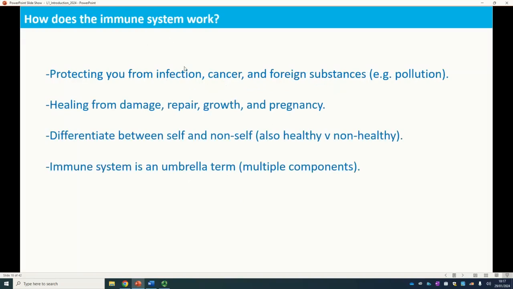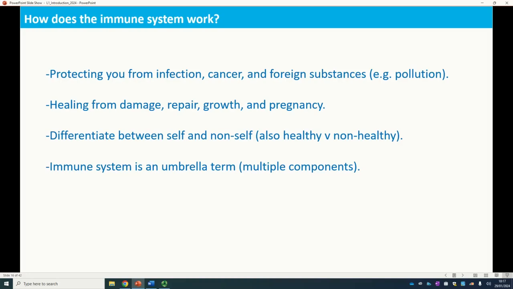Well, we know that it protects you from infection. It also protects you from cancer and foreign substances such as pollution. It plays a really important role in healing from damage, as well as repair and growth, but also in pregnancy. And that's something that's quite important. It also plays an essential role in differentiating between self and non-self.